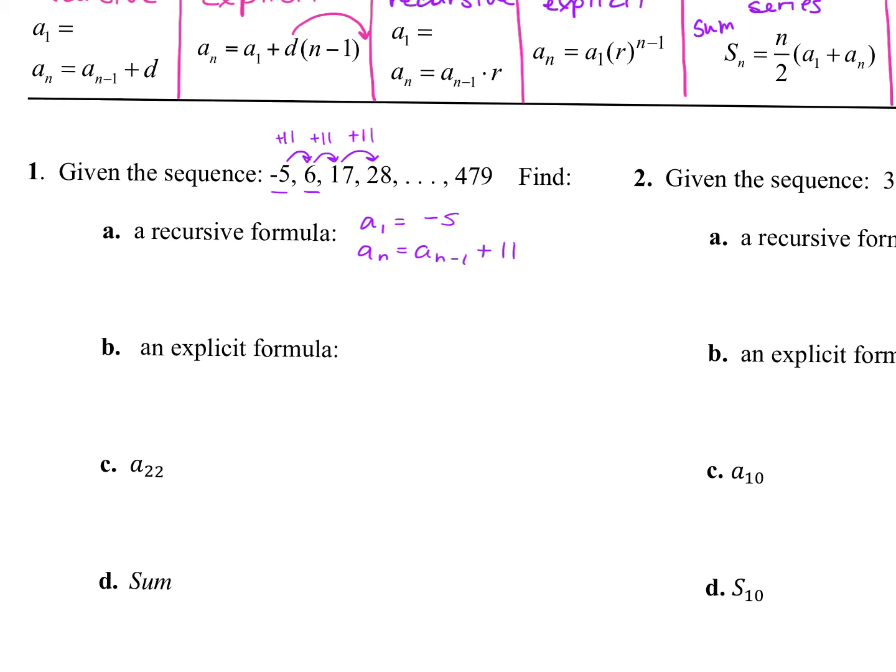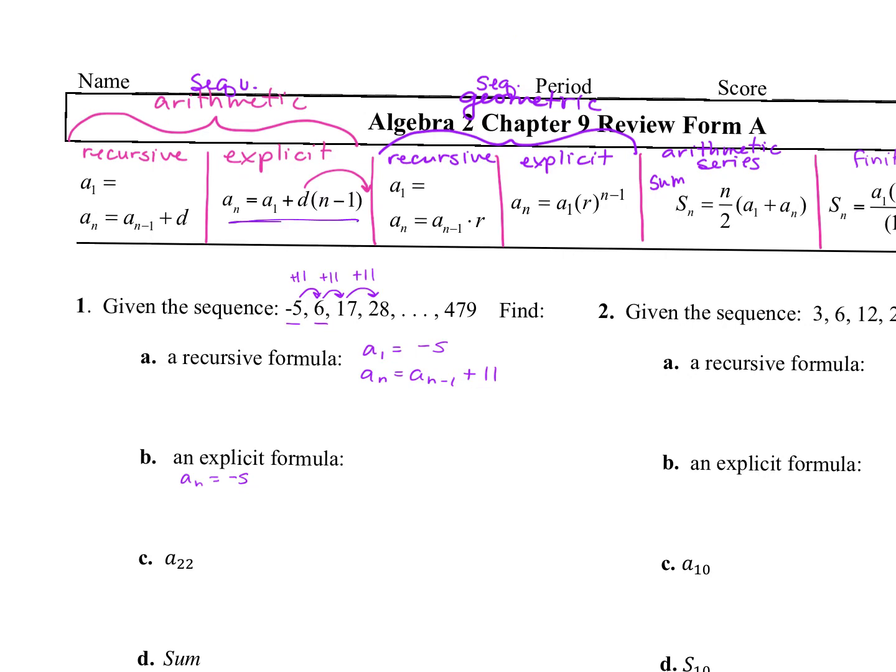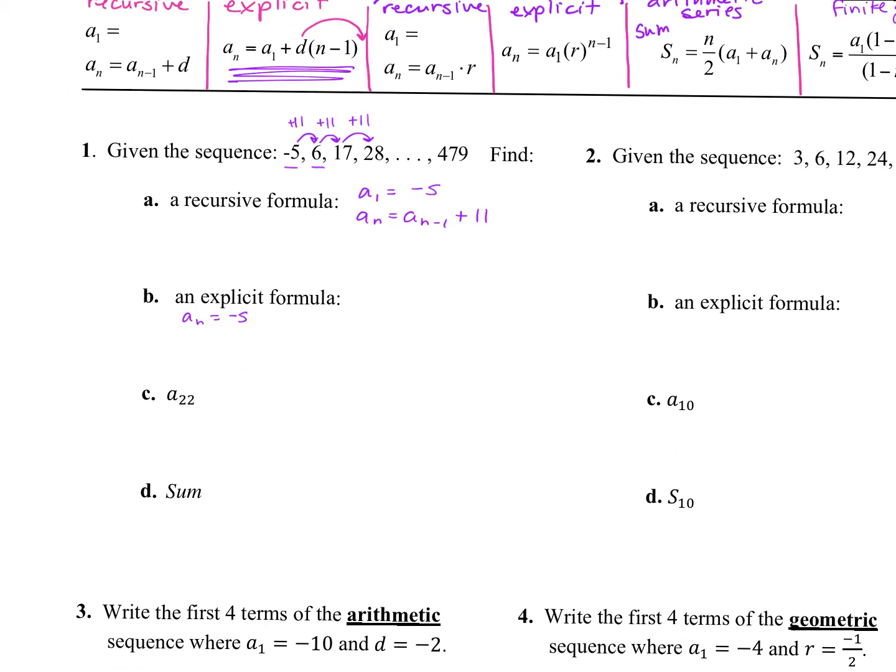Okay. The explicit formula, you have your a sub n equals, and then it's your a sub 1, so negative 5, right? I'm using this formula right now. So the negative 5 plus, now you can do n minus 1 times d or d times n minus 1. It does not matter. They are the same thing.